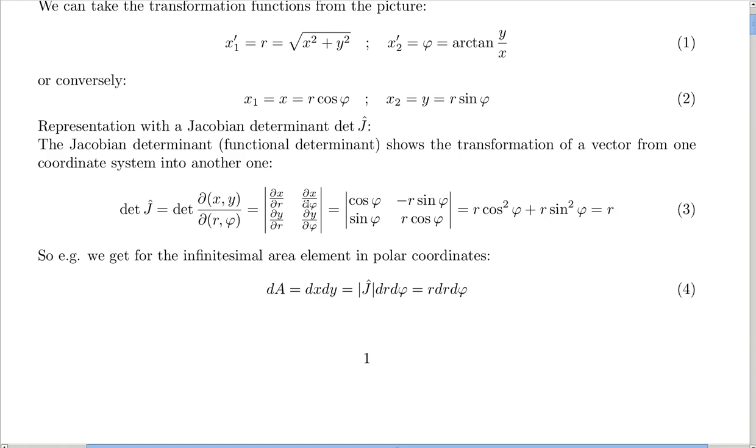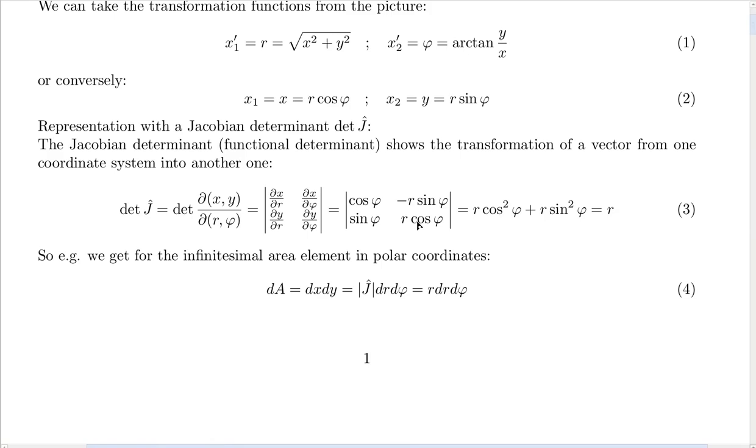And the second differential quotient, means x differentiated with respect to phi, means r counts as a constant factor, and the differentiation of the cosine is minus sine. So we have minus r sine phi here, and so on. And so we have the complete determinant here.